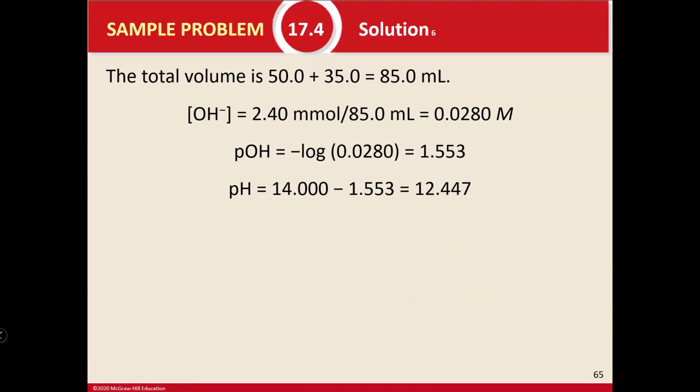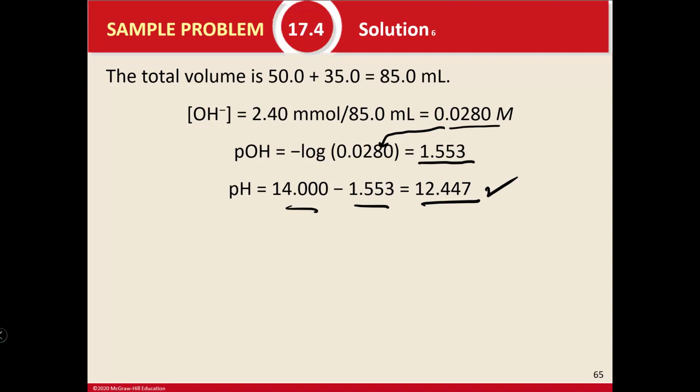All right, so 2.4 divided by our new total of 85.0 milliliters. And so we get a hydroxide ion concentration of 0.0280. Take the negative log of that, and that gives me the pOH. Subtract that from 14 gives me the pH, and there's my answer.